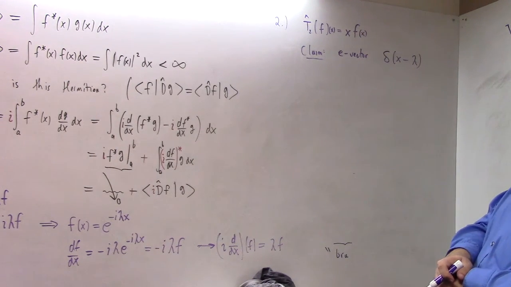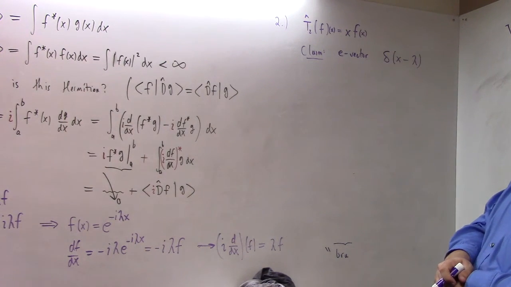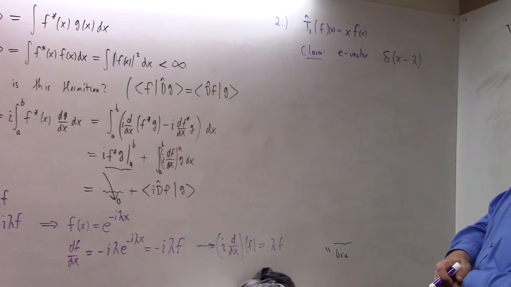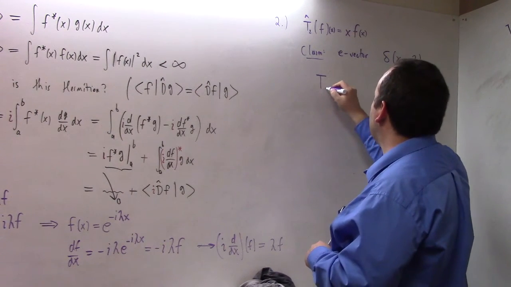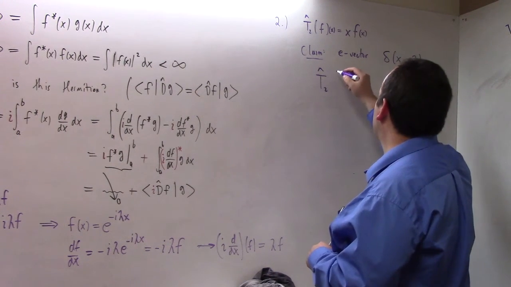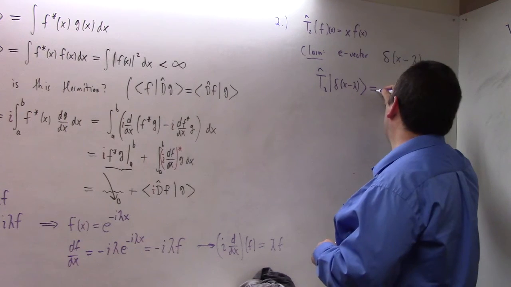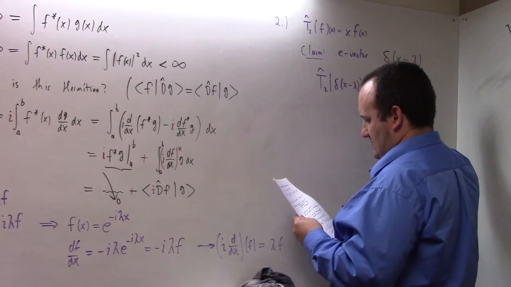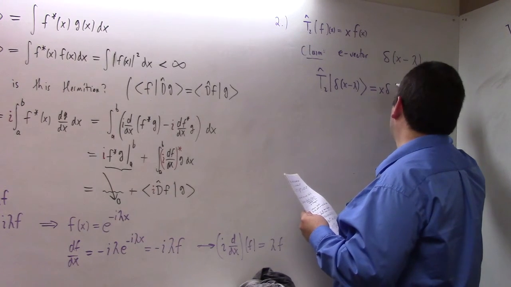Alright, let's see how to show that. The claim is that T2 hat, when it hits delta of x minus lambda, you get back x times delta of x minus lambda.